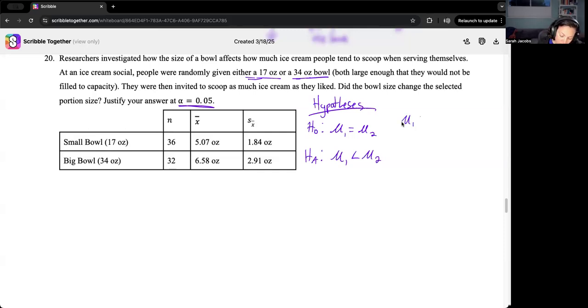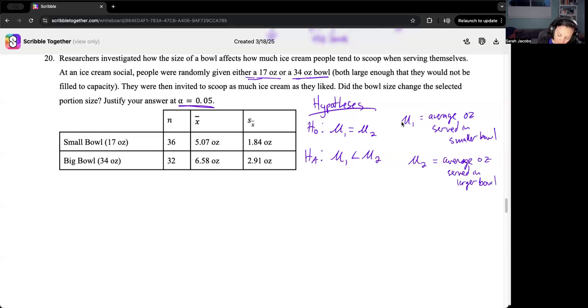So mu1 is the average ounces served in the smaller bowl. And mu2 is going to be the average ounces served in the larger bowl.